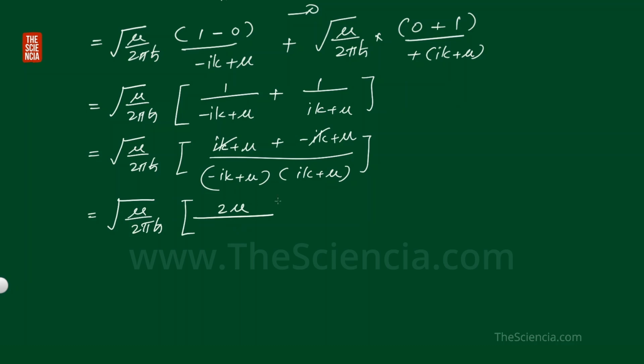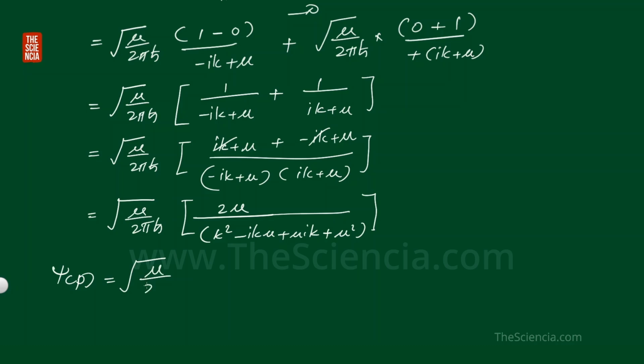Multiplying these terms, minus i into i gives plus 1, that is k square, minus ik mu plus mu ik plus mu square. These cross terms cancel, so we get psi of p equal to root mu by 2 pi h cross into 2 mu by k square plus mu square. So this is the final answer.